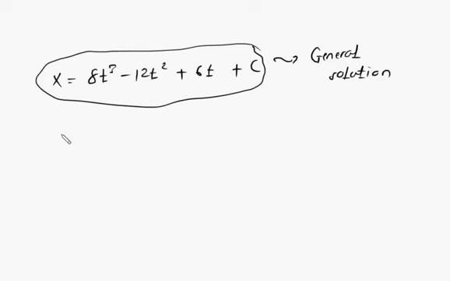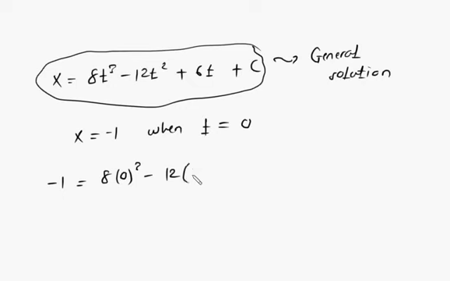General solution means there is more than one solution. So we need to go back to the condition. It says x is equal to -1 when t, you can go back to the question, is equal to 0. So x is -1 when t is equal to 0. So it is like this. For t equal to 0, x is -1. So you can see that c is equal to what? -1.